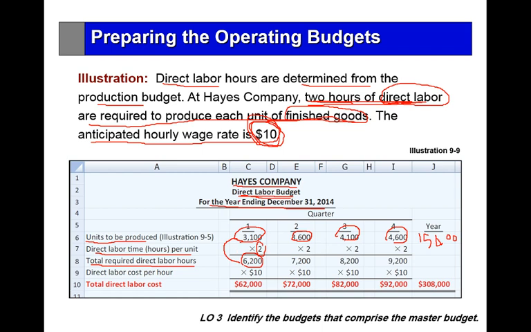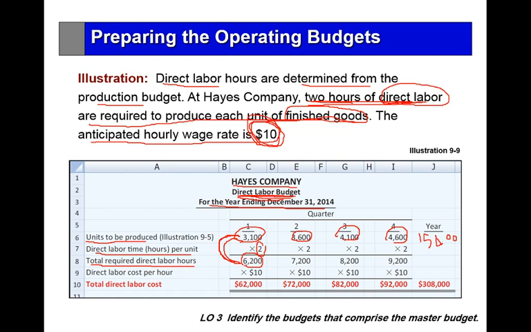We must convert finished goods, which is output, to direct labor, which is input. We convert units to be produced to direct labor hours.